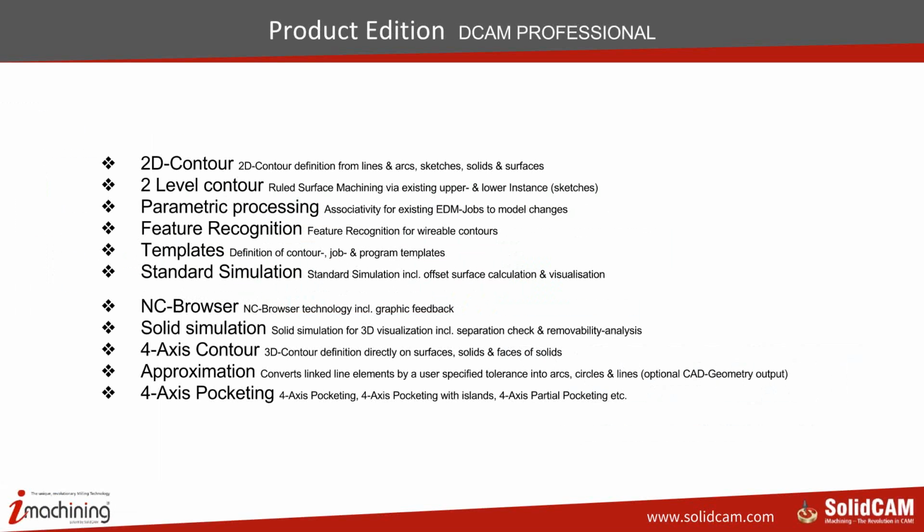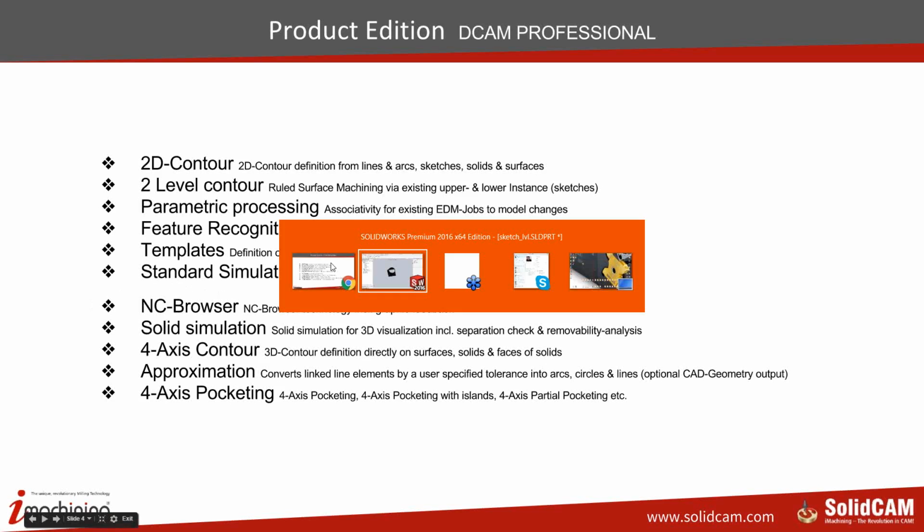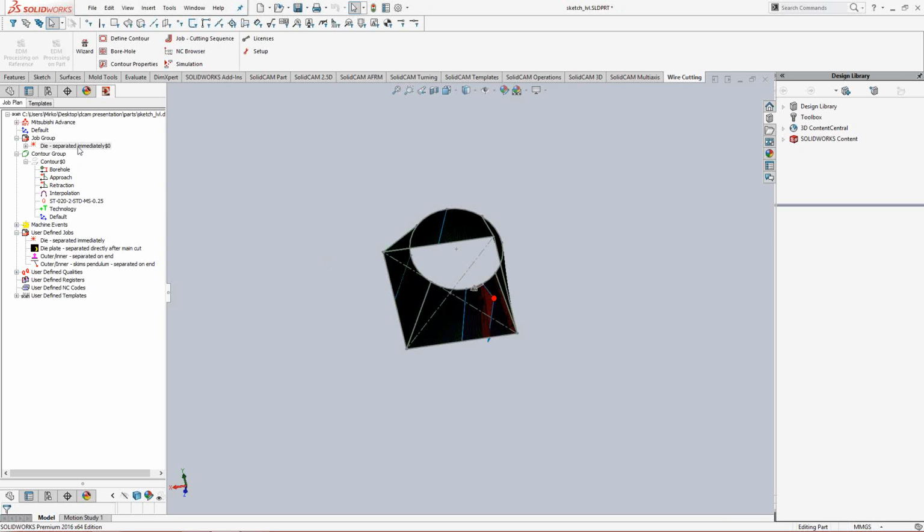The next edition is DCAM Professional, which is a bit advanced, and as you can see here, I made some split that includes the basic edition and some additional features that come with the professional edition. And as you can see, we have NC browser, which is a very nice feature, which allows us to generate the G-code and to see the G-code without exiting the software.